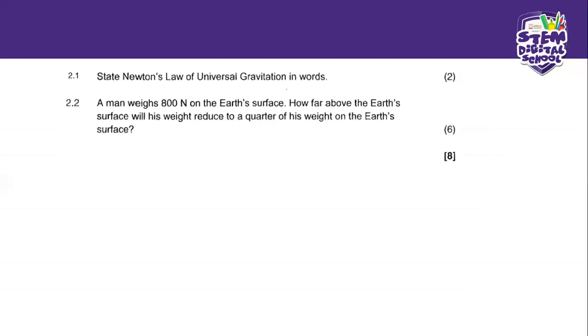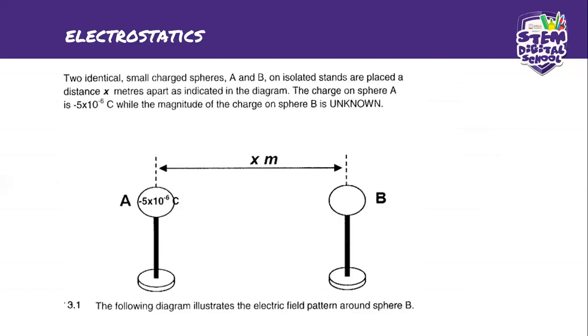So now we move to question 3. Question 3 is more about electrostatics. It says here, two identical small charged spheres, A and B, on isolated stands are placed at a distance x meters apart as indicated on the diagram.